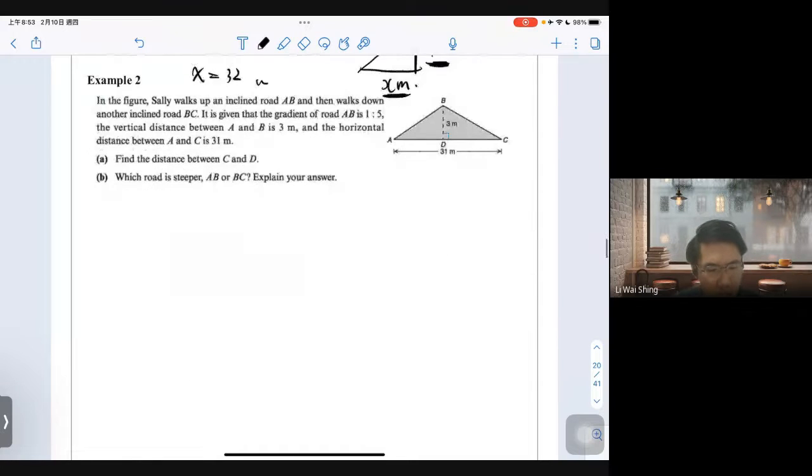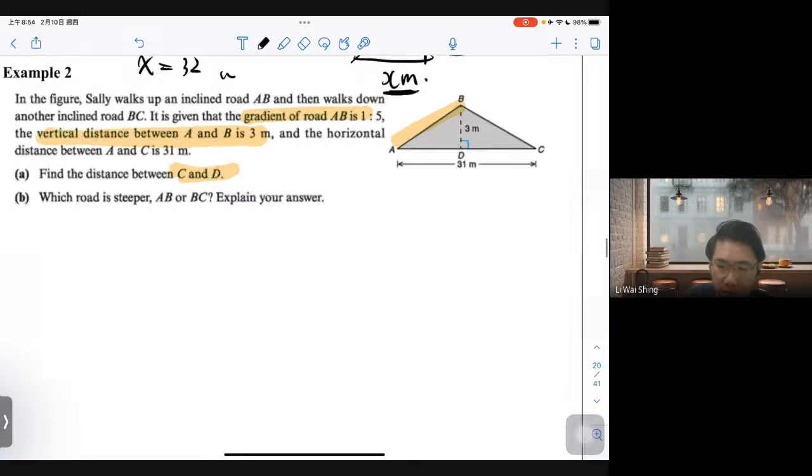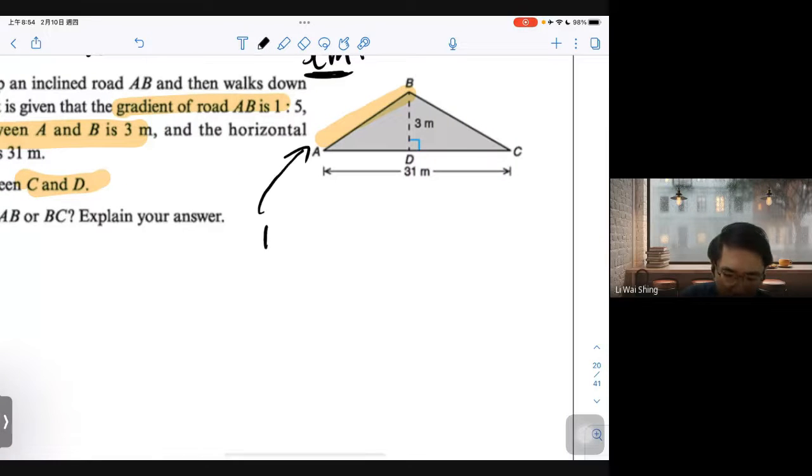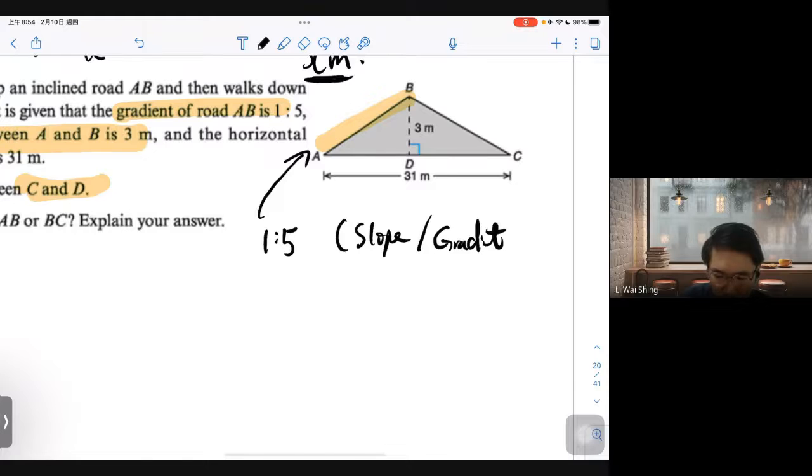So next, example 2. A very simple question. It tells you the gradient of AB is 1 to 5. And the vertical distance between A and B is 3 meters, and the horizontal distance between A and C is 33 meters. Find CD. So you know that this part is 1 to 5. How to find the slope?